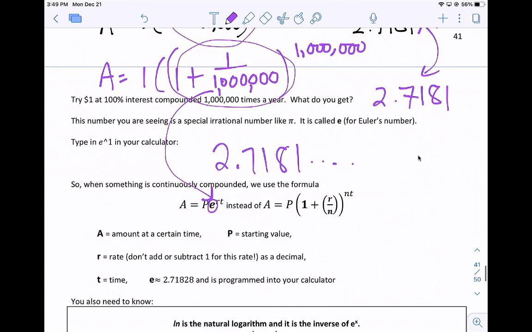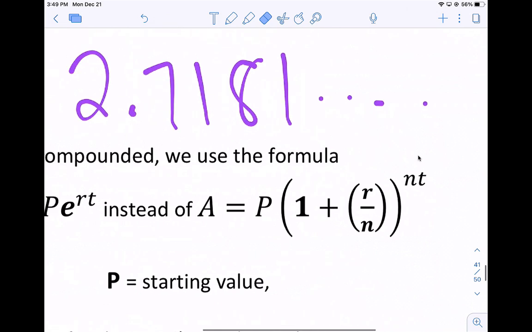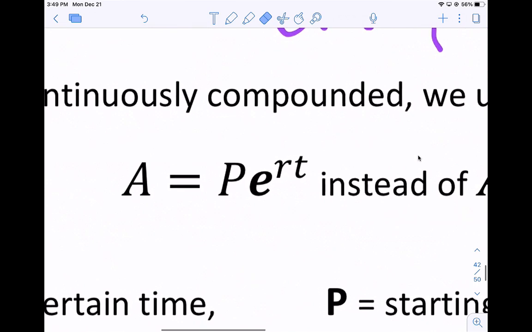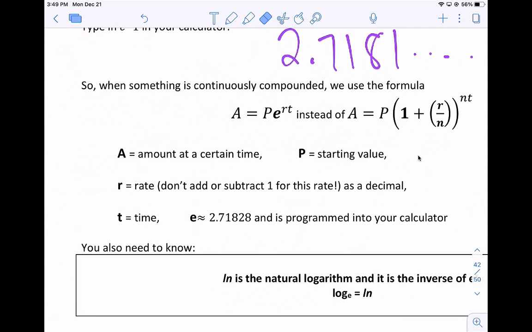So whenever you see a problem that's growing exponentially and it's being continuously compounded, you're going to use this formula, A equals Pe to the rt, instead of the one that we looked at when it's compounded a certain number of times per year. So continuously we'll use this, and we're just going to go over some examples of how you use this formula. A lot of things stand for the same thing as before.